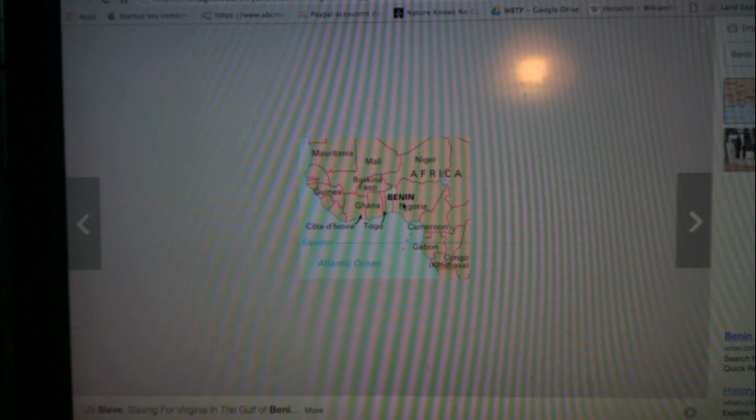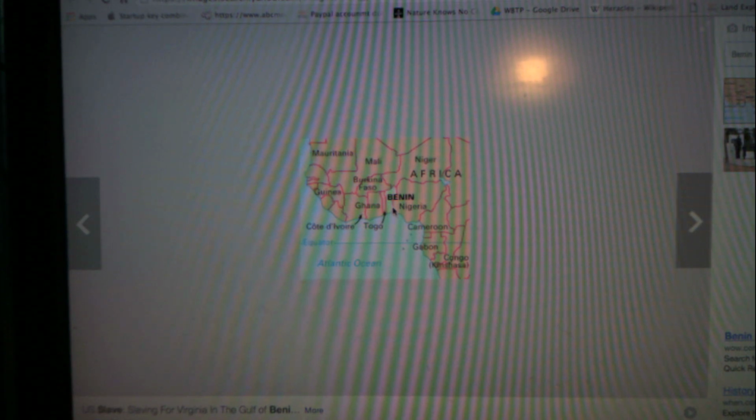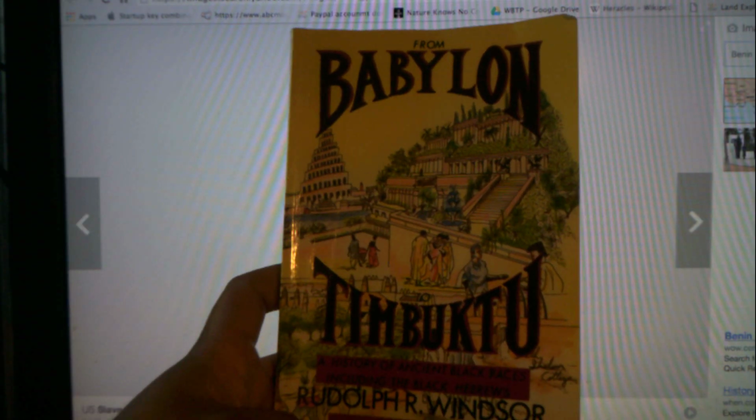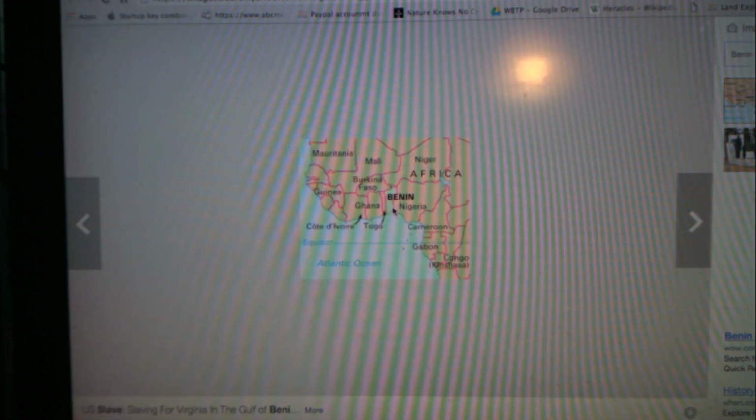Now, this area where Benin and Cameroon, Ghana are, this is where we flooded into on many occasions. Even when we left Babylon to Timbuktu, it talks about us flooding into those areas, because there were people that look like us in those areas or have remnants of us in those areas because of the Assyrian captivity of Israel.